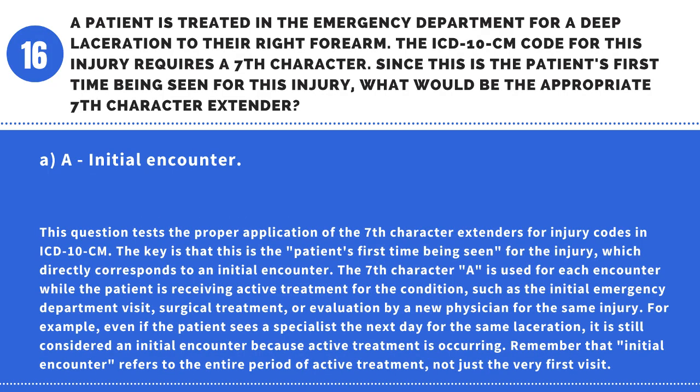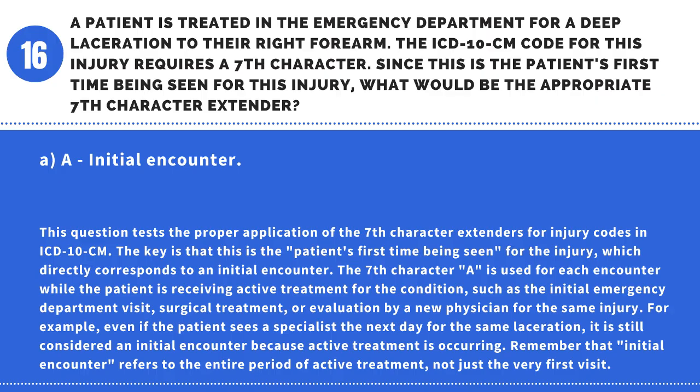Answer: A. Initial encounter. This question tests the proper application of the 7th character extenders for injury codes in ICD-10-CM. The key is that this is the patient's first time being seen for the injury, which directly corresponds to an initial encounter.